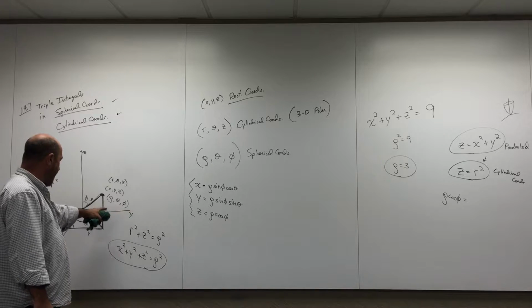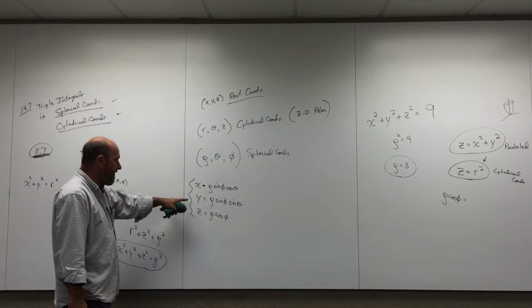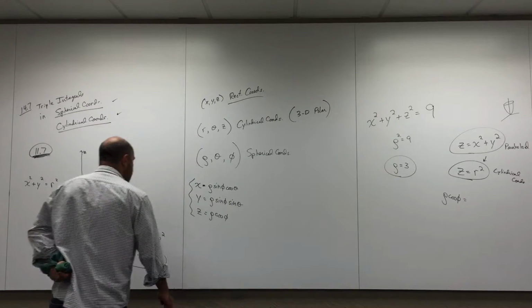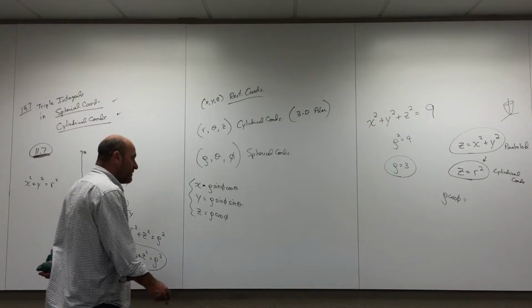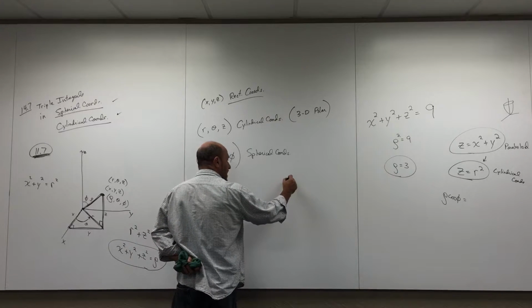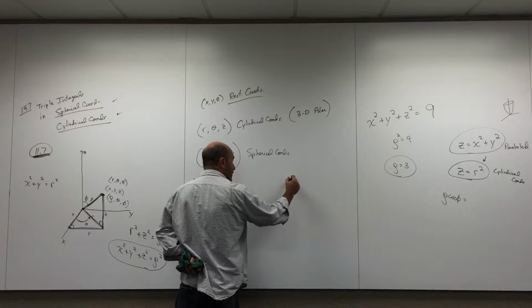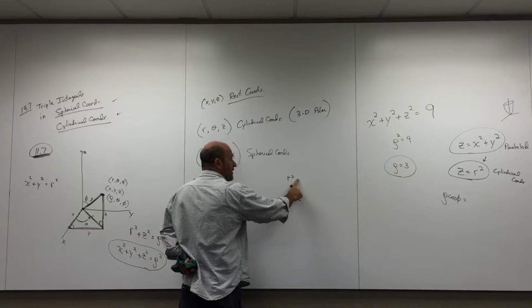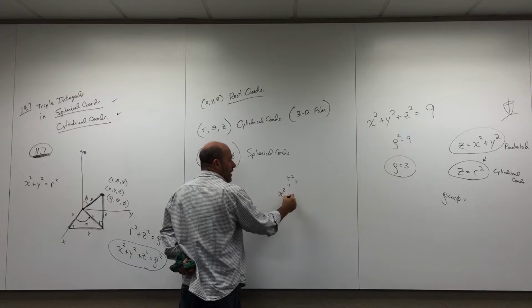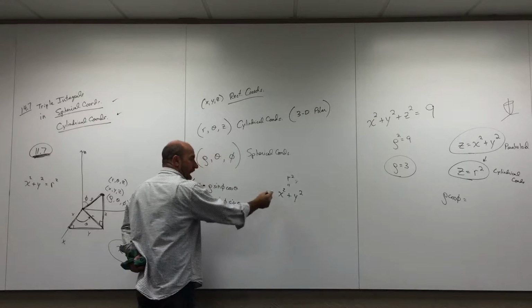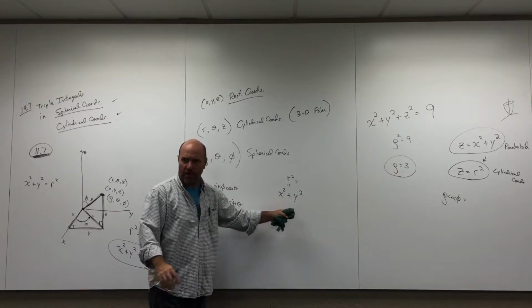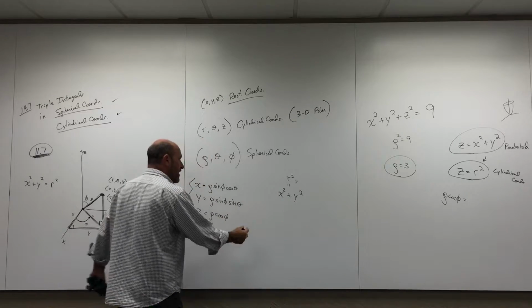Let's play this game. I'm just going to do this on my scrap paper. This is how you play and convert. R squared is x squared plus y squared. Now what did I do? I just converted r's back to rectangular coordinates. Well, I'm trying to get to spherical coordinates, so hang on.